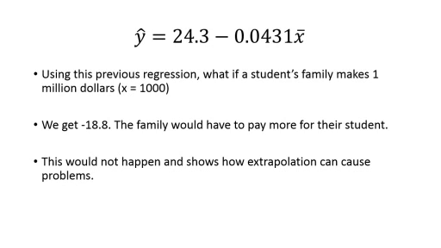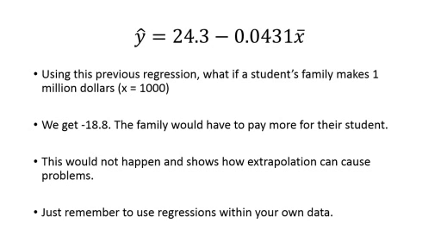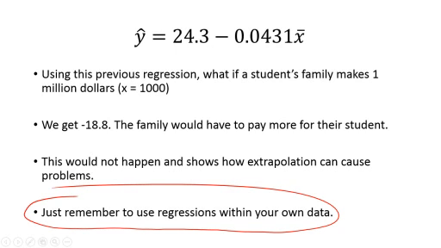Well, no, because our prediction is that it would be within this bound, not all the way. So you just have to make sure you can't extrapolate beyond what is given in this problem. Again, the main thing to remember is to use the regression within your own data set to predict within it.